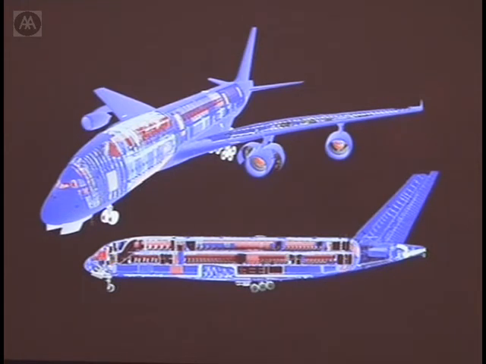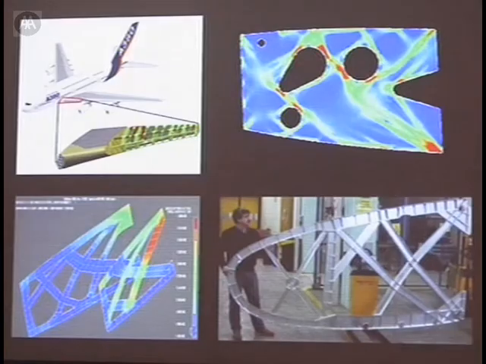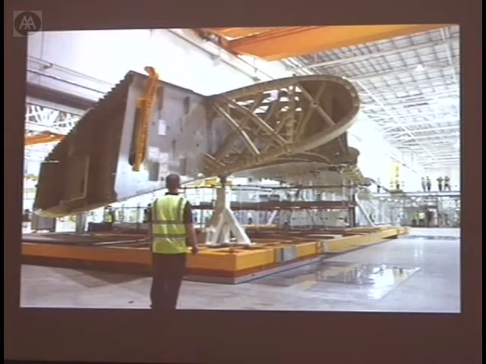Each one of these components is modeled as a true solid component. You can use this to machine things. You can look at how the assemblage works, the sequencing, the scheduling, the supply chain, all that sort of thing. Also, you can use it to do all kinds of engineering analyses, structural analysis, component fabrication. Out of one and the same model, you can calculate weight and, of course, the cost.